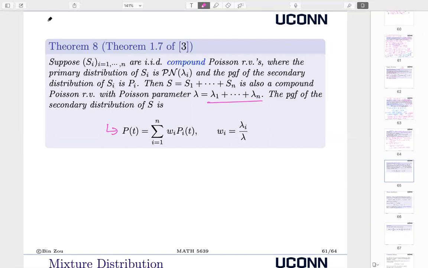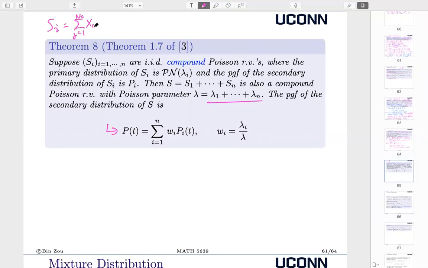So basically what we have is here. Each Si is in compound form. Let me use a different index, so use j.